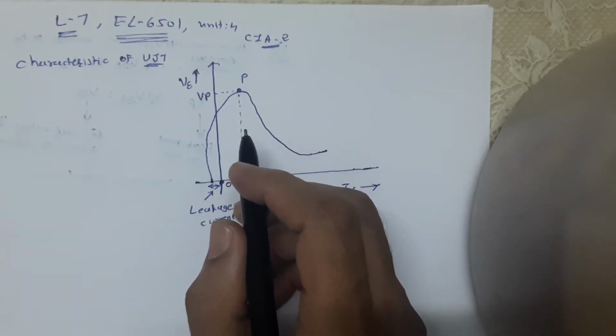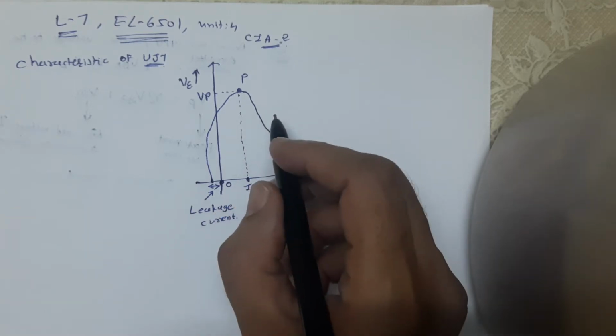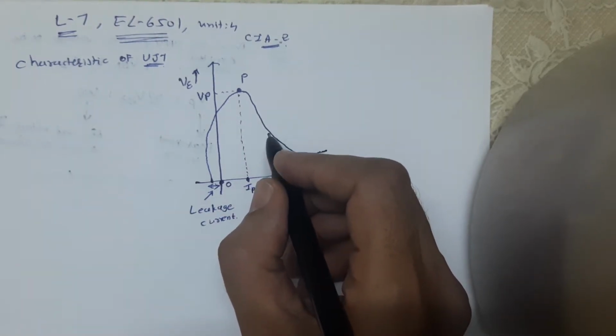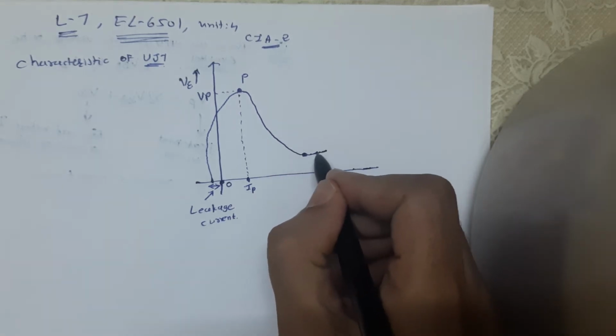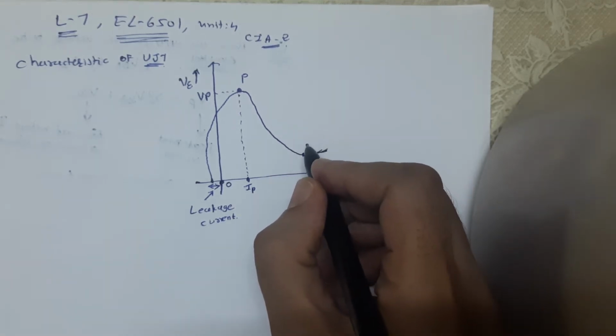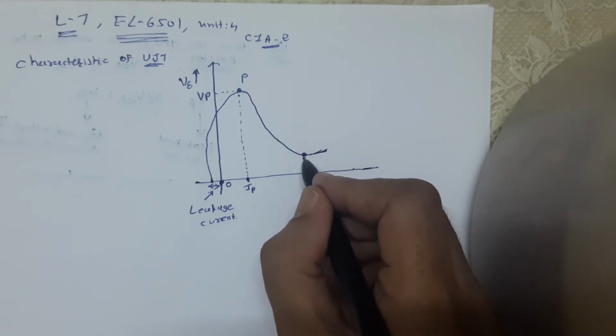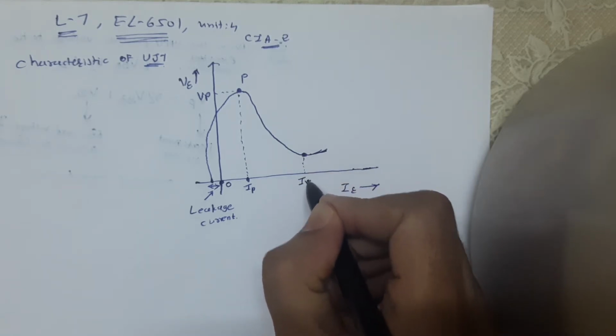This is your second peak, which is known as the valley point. From here it again increases, therefore this is the valley point and this is your IV.